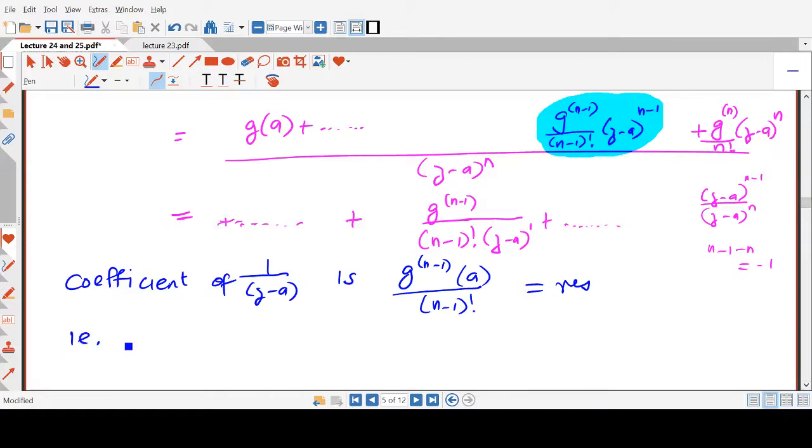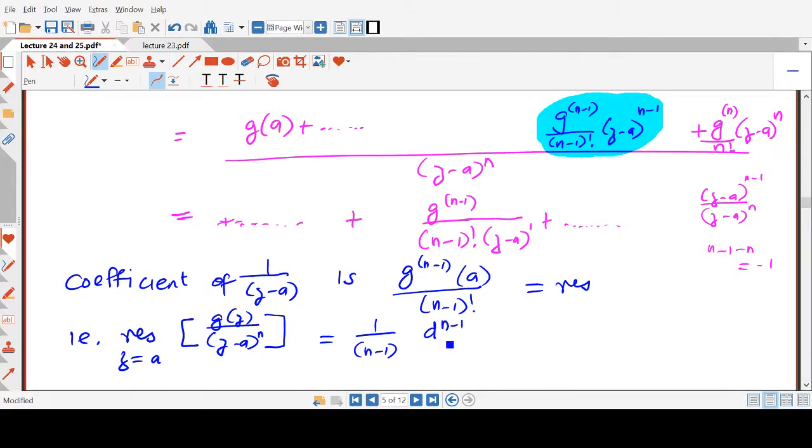In other words, the residue of g of z divided by z minus a to the power n at the point z equals a is simply 1 over n minus 1 factorial, the n minus 1th derivative of g of z at z equals a.